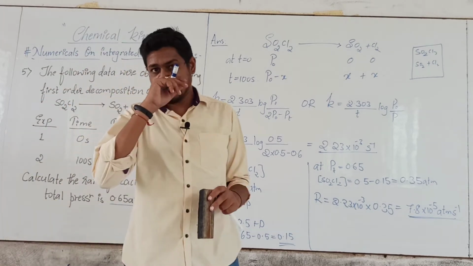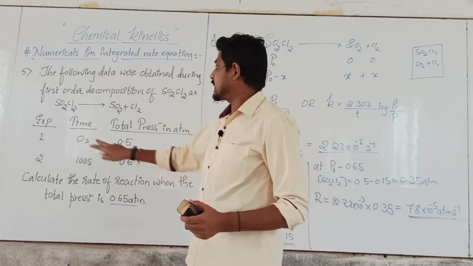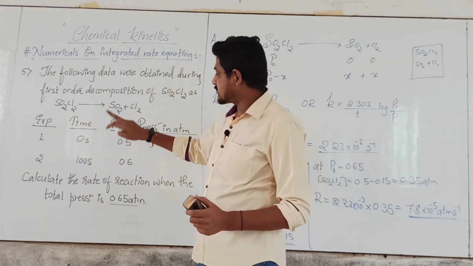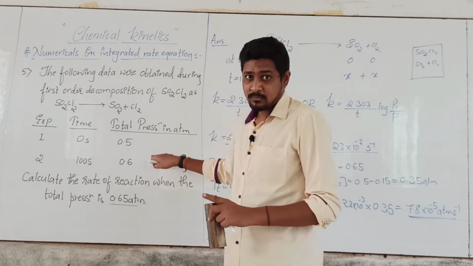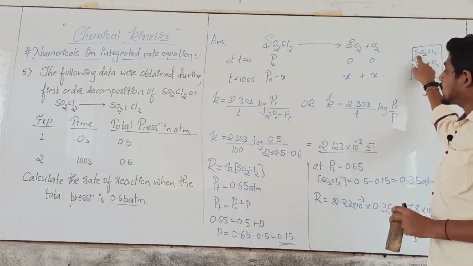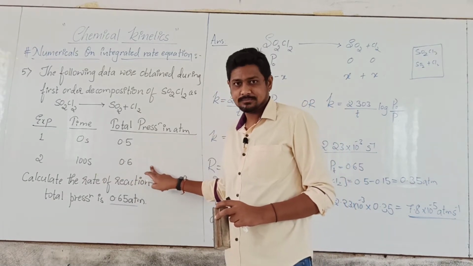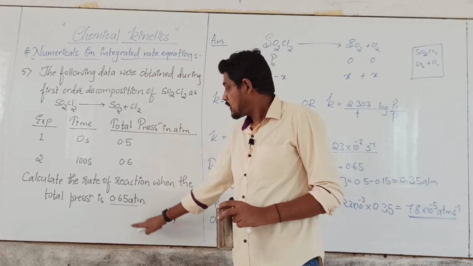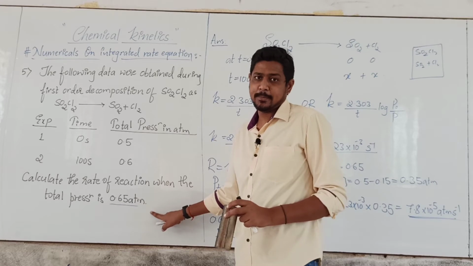I'll repeat again. What they are asking in the numerical is: when only sulfuryl chloride was there, the total pressure was 0.5. After 100 seconds, the total pressure has increased to 0.6, meaning sulfuryl chloride has decomposed. What will be the rate of reaction when the total pressure has increased to 0.65 atm?